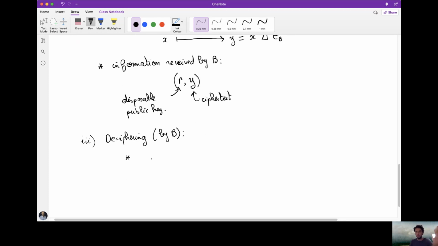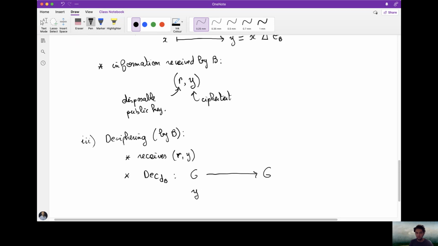The first thing is that B receives the message R, Y. And to decipher, it's a transformation that depends only on the deciphering key DB, that goes from G to G, and it goes in the opposite direction of the enciphering transformation.